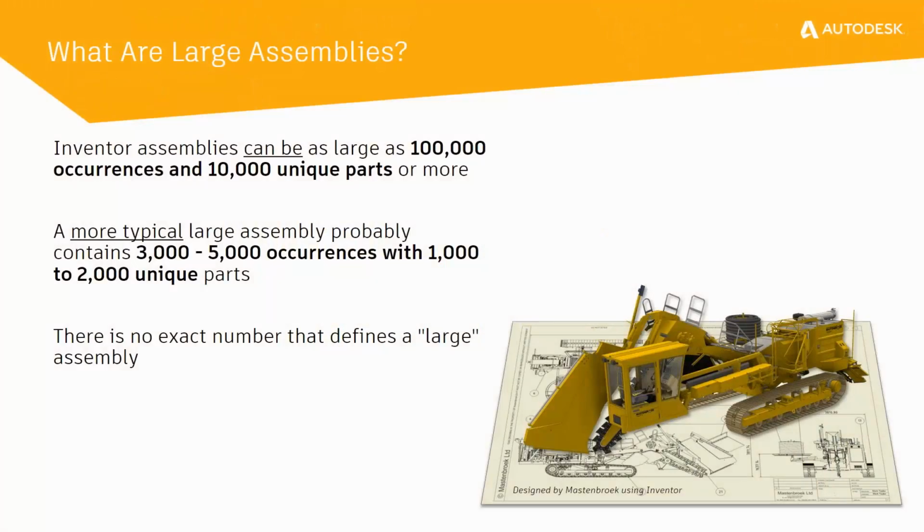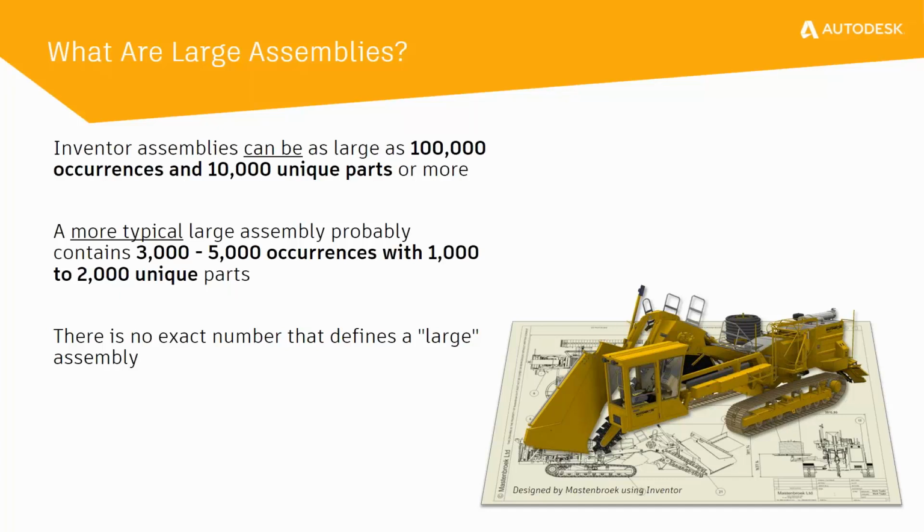Now, it's not uncommon for me to see large assemblies, and what I'd almost categorize as very large assemblies, here in Australia. More recently, I've seen customers in Australia that have assemblies exceeding 100,000 occurrences and exceeding 10,000 unique parts. I won't say that there's lots of customers like that, but there are lots of customers with high component counts.